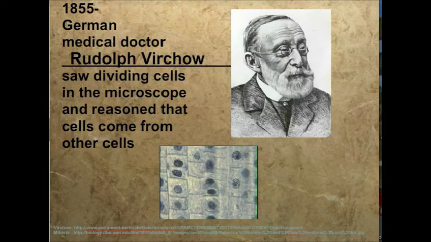And then lastly, in 1855, a German medical doctor, Rudolf Virchow, was one of the first to see cells dividing in a microscope, and he came up with the very last statement to our cell theory, and that's that cells come from other cells. At this time, people didn't really realize how all living organisms came about.